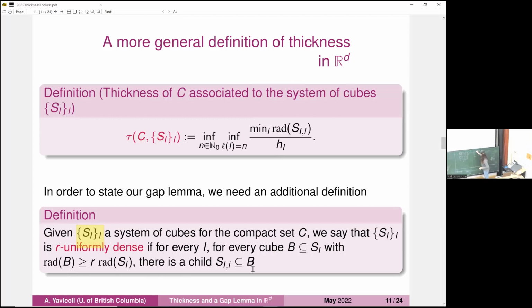So for every cube of relative radius, like a quarter of the other one. Sorry, it's smaller.